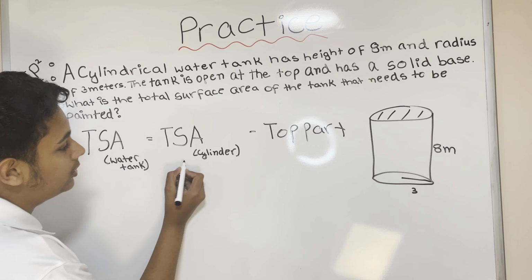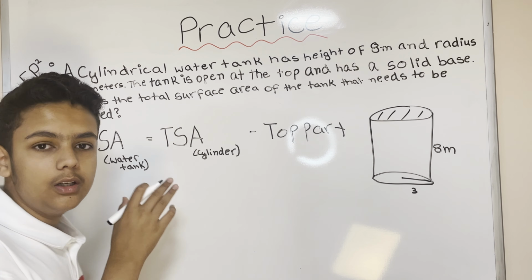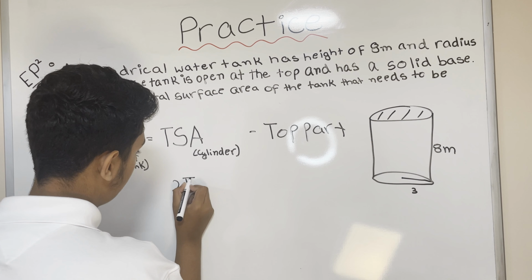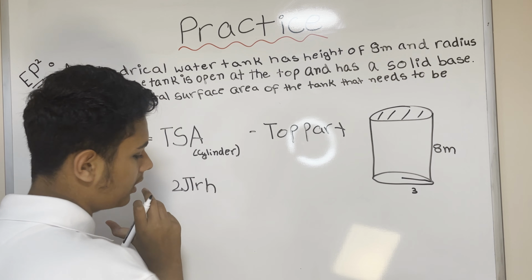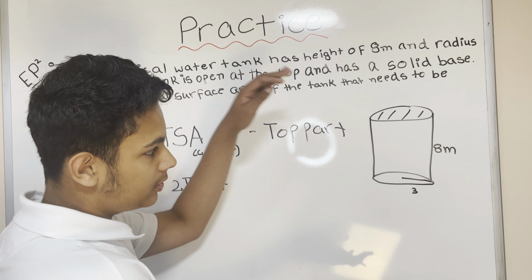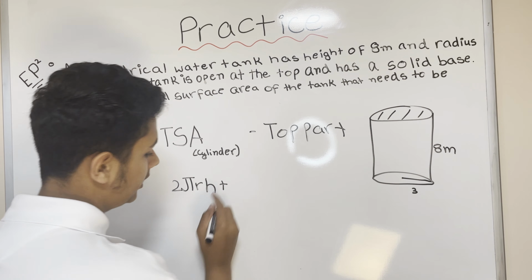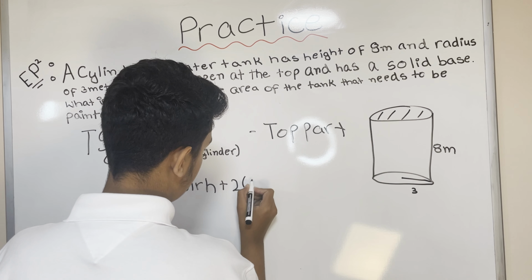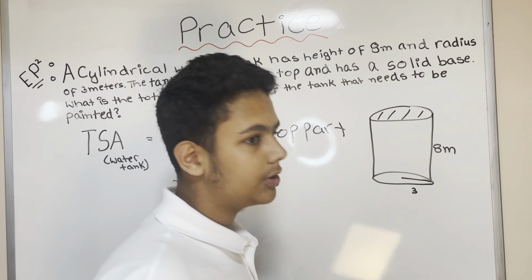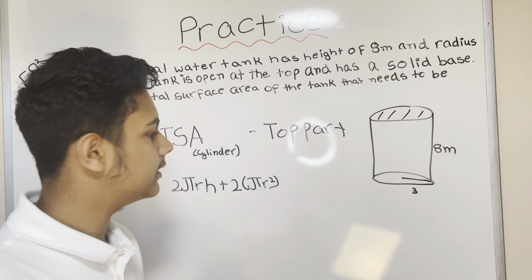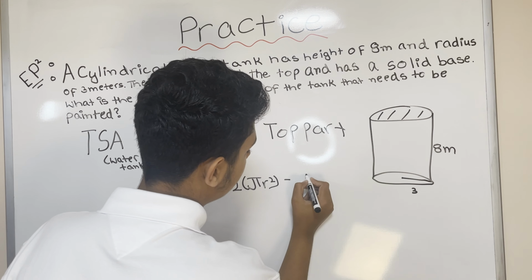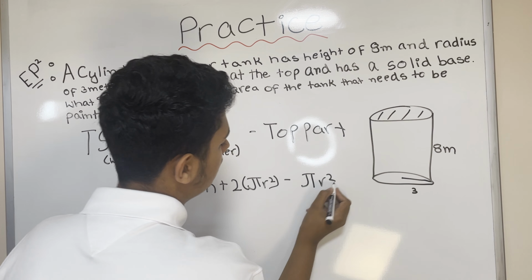So we know the formula for a cylinder is 2 pi RH, this is our curved surface area, plus, and then when we put top and bottom two circles, it's 2 pi r squared. So this is our total surface area for one cylinder. This is our formula, and then we need to subtract the top part. Top part is a circle, so pi r squared.